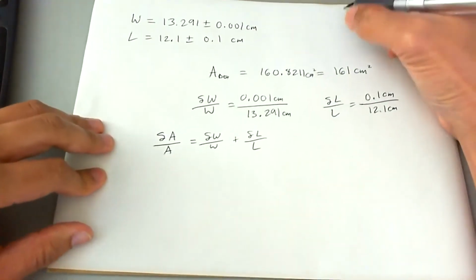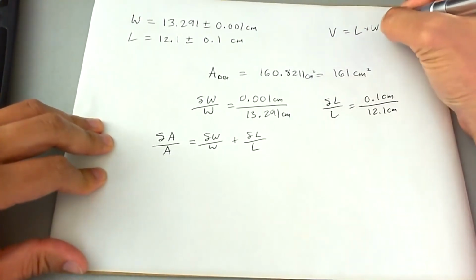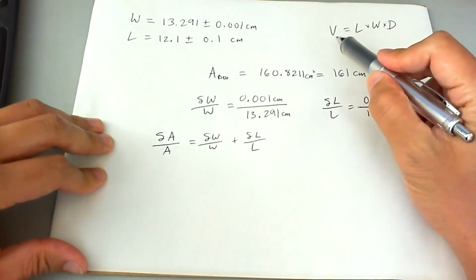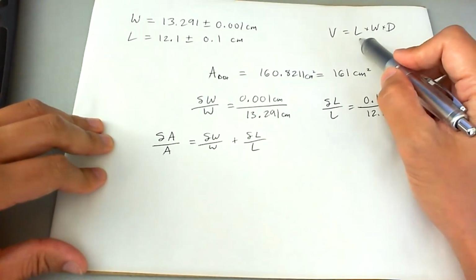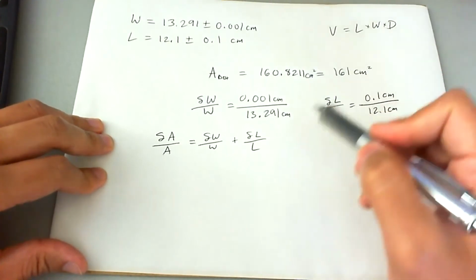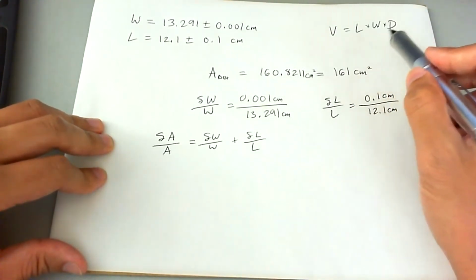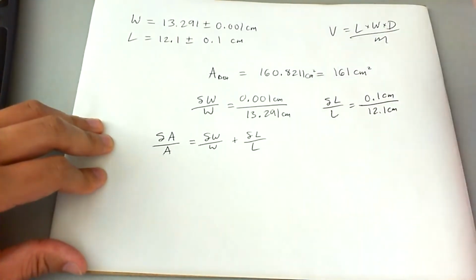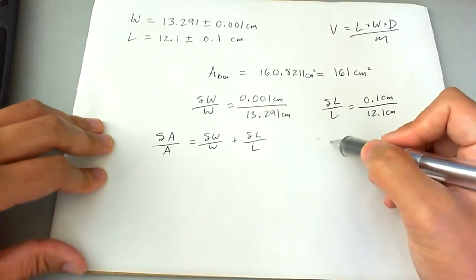If you have a volume being length times width times depth, then the relative uncertainty of the volume equals the sum of the relative uncertainties of length, width, and depth. So there will be 3 terms instead of 2. And this goes on forever as long as you have multiplication or division. If you want to divide by mass, you would also have a relative uncertainty for the mass term.